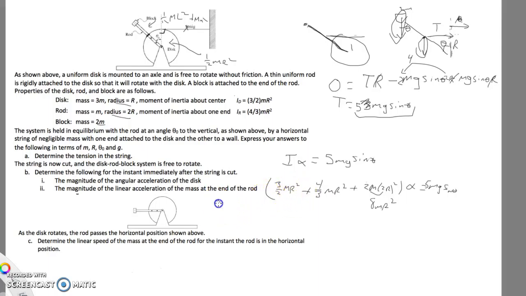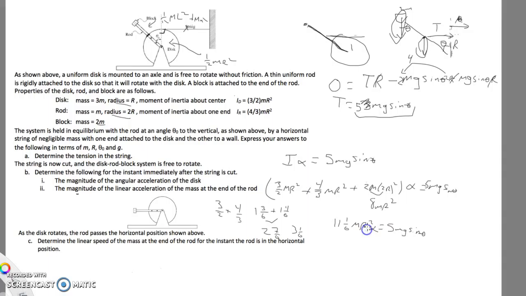So 3/2 plus 4/3 is 1 3/6 plus 1 4/6, which is going to be 2 7/6, or 3 1/6, plus 8 will give us 11 1/6 mr squared equals 5 mg sine theta. We got our alpha right there.